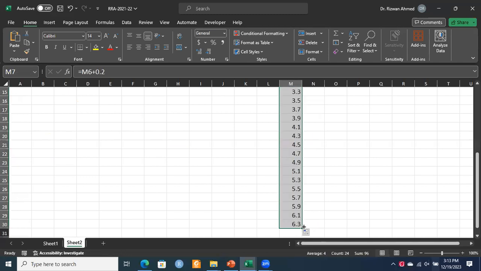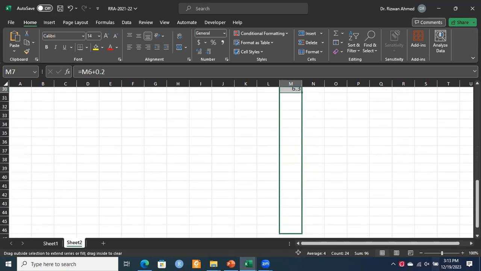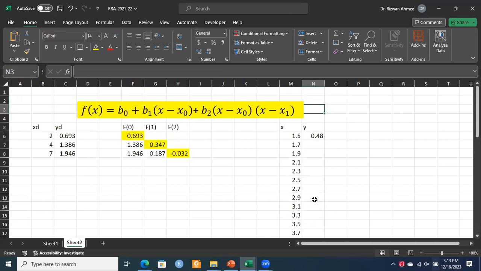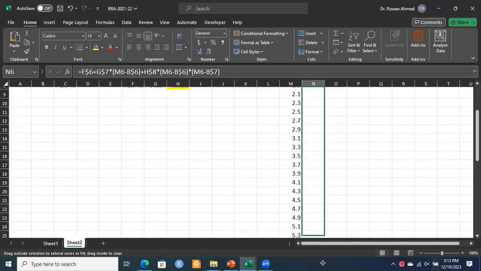So we get 6.3. Okay, let's move ahead. Well, the interpolation is valid for all the x values which are between 2 to 7, right? However, since we have the polynomial constructed, we can follow it beyond that. So all the values will be generated.